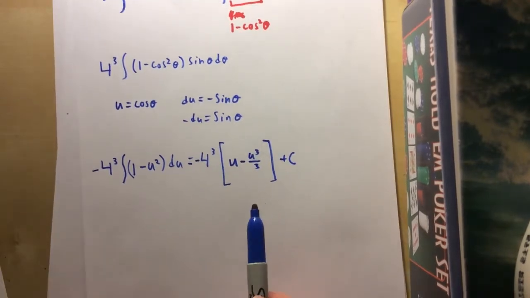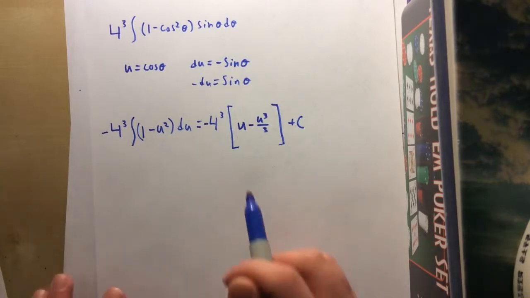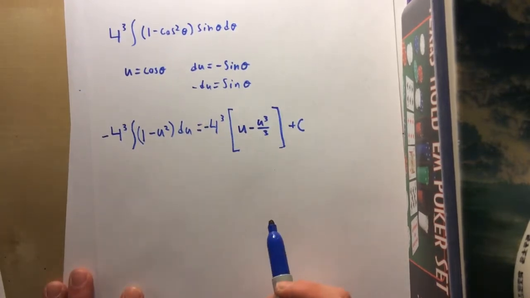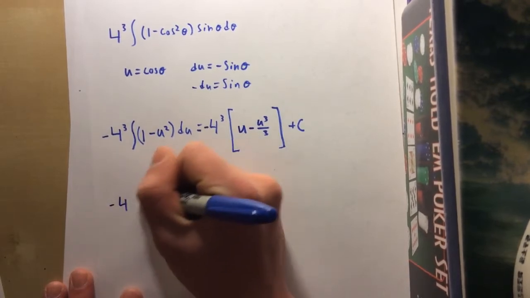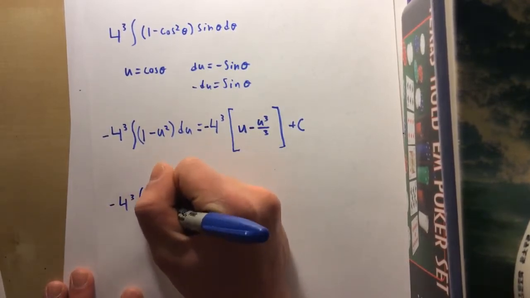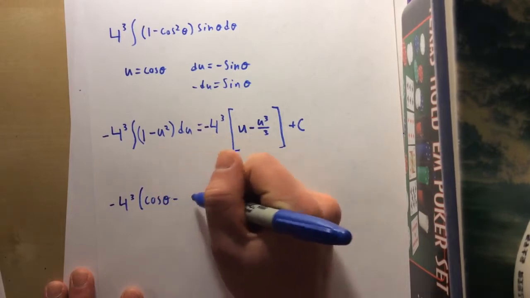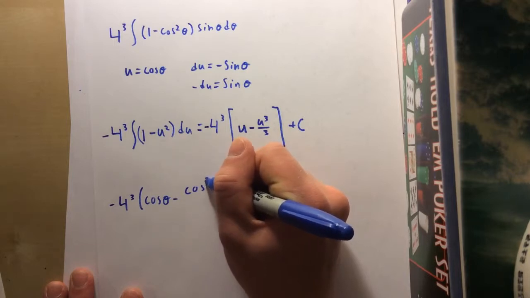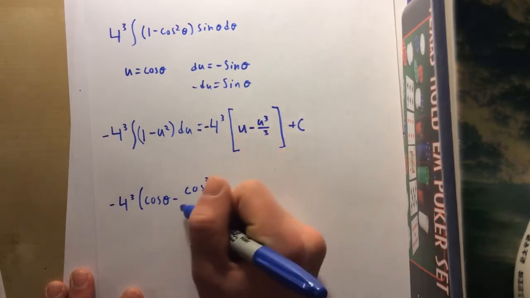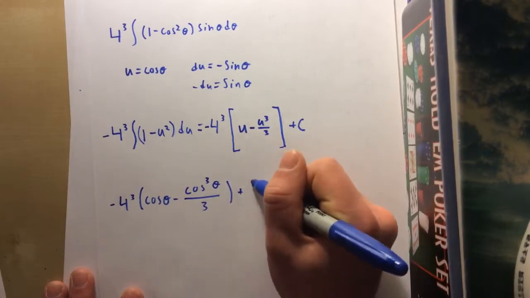So let's start that. Our u is cosine theta, so we have negative 4 cubed times cosine theta minus cosine cubed theta over 3 plus c.